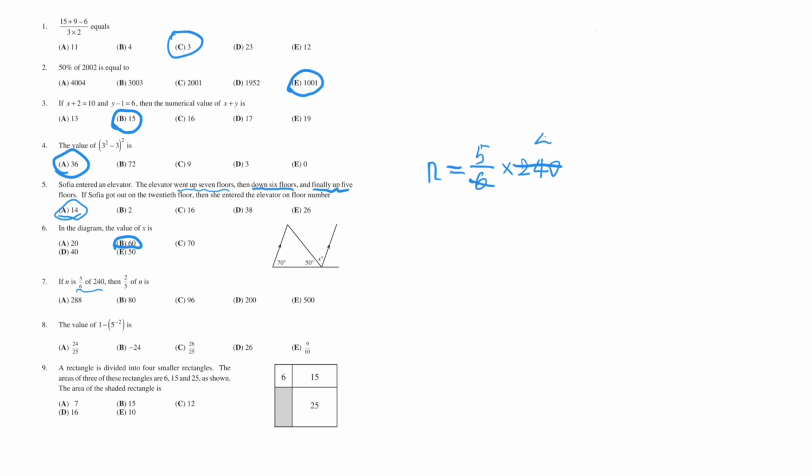Cancel 6, that's 40. n equals 200. The question is 2 over 5 of n, so again multiply 2 over 5 times 200. Cancel 5, that's 40, times 2, equal to 80. Number 7, the answer is B.